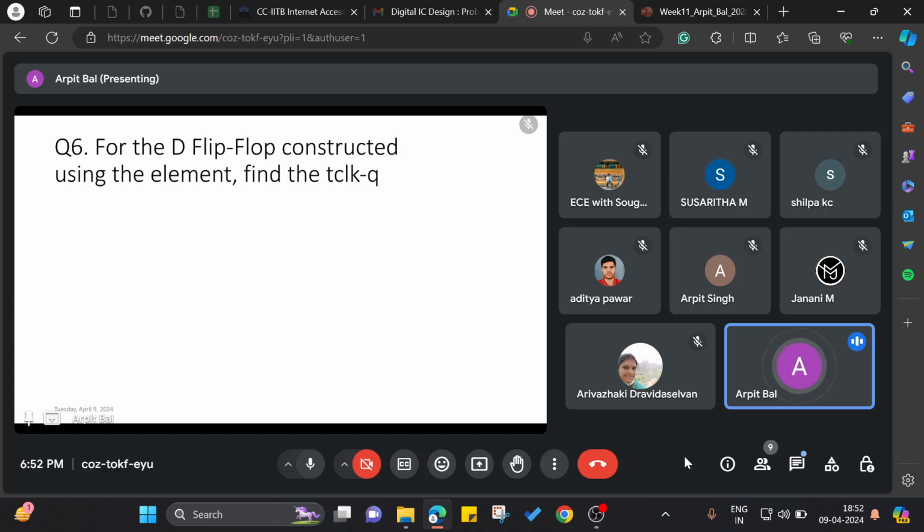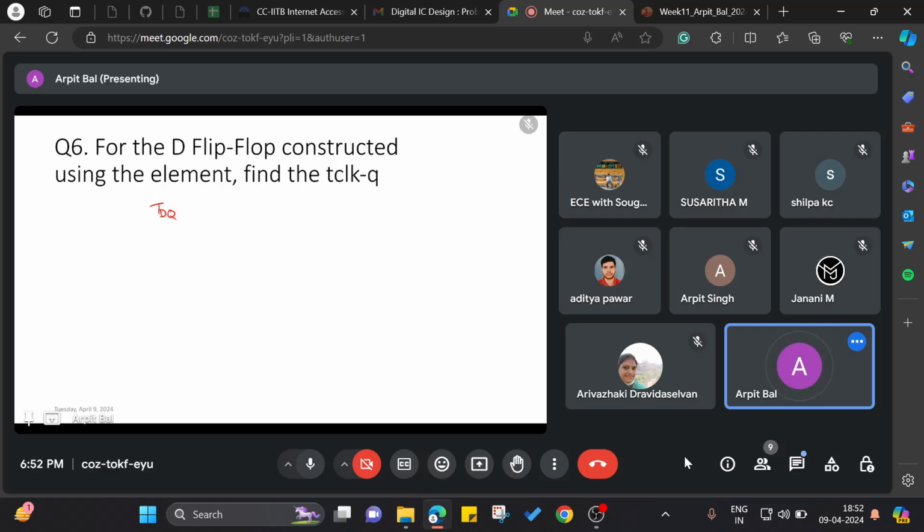Okay, so now the question is, using whatever sequential element was given to us, a D flip-flop is constructed and we need to find out what the clock to Q delay for that D flip-flop is. The clock to Q delay will be the same as the T_DQ, because in a flip-flop the data will only be reflected at the output when the clock edge arrives.